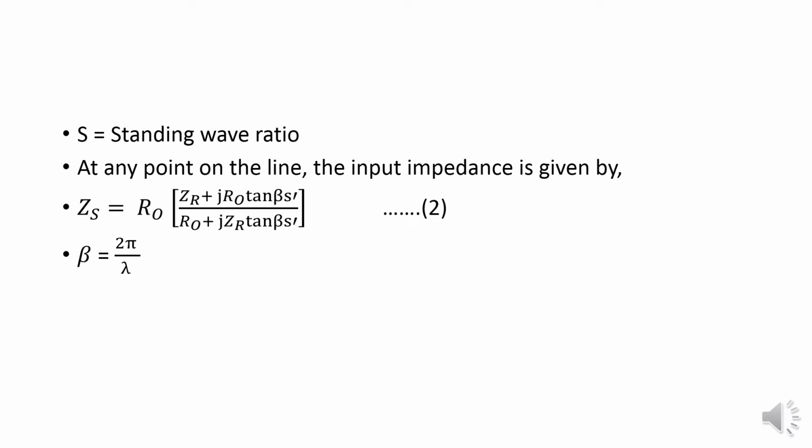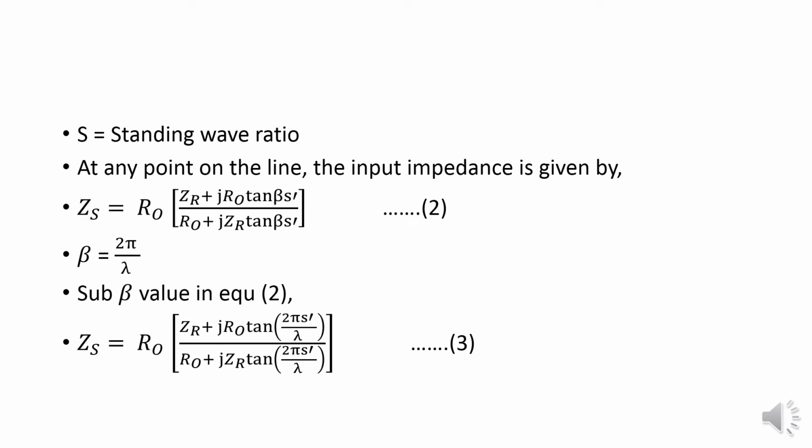Now we substitute the beta value in equation 2. After that the equation becomes Zs = R naught into (Zr + j R naught tan 2 pi S dash divided by lambda) divided by (R naught + j Zr tan 2 pi S dash divided by lambda). So this is equation 3.